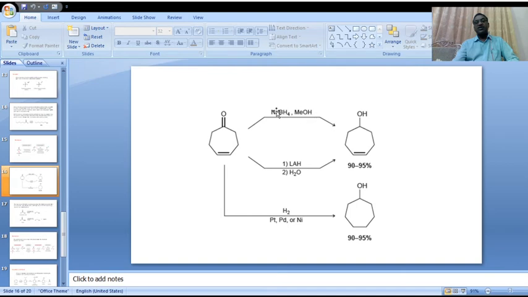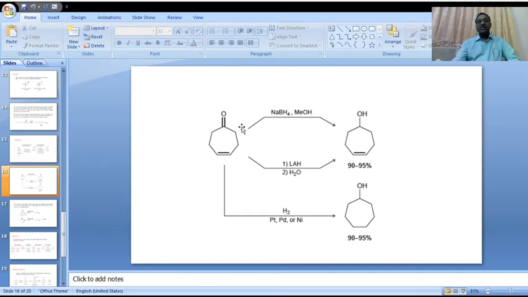In presence of sodium borohydride and methanol, it is converted to monohydric alcohol in 90 to 95 percent yield. More yield we are getting. Here there is no reduction of the unsaturation in the cyclic ring.